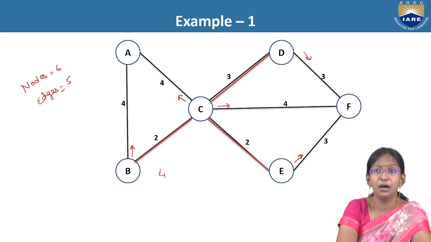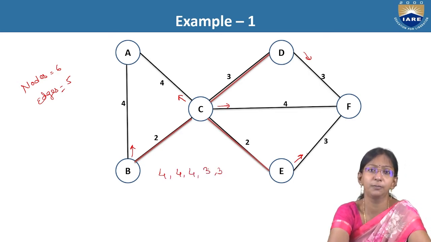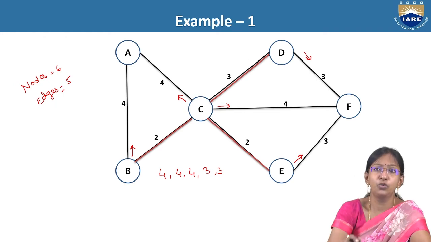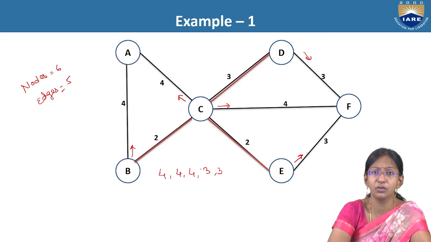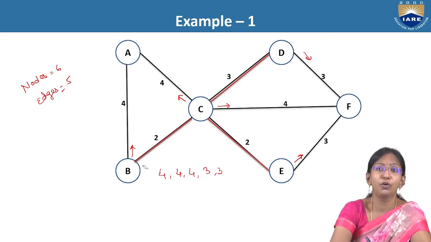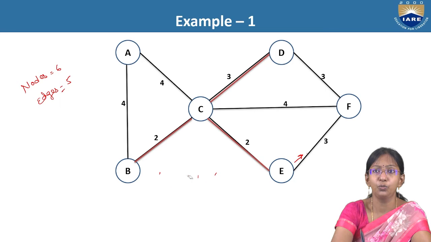Their weights are 4, 4, 4, 3 and 3 respectively. So choose the least weight in such a way that adding that weighted edge does not form any cycle. So what can I do? Which edge?